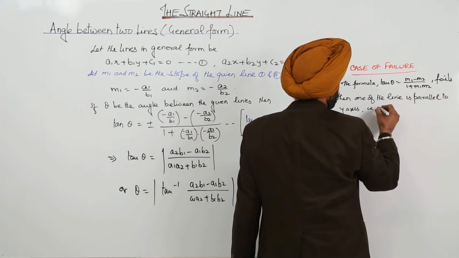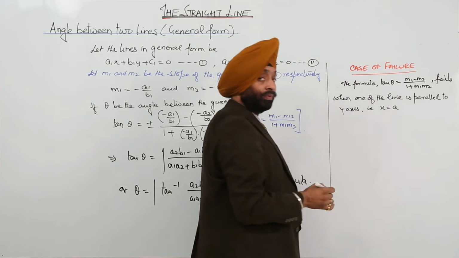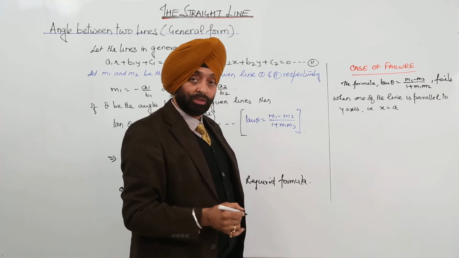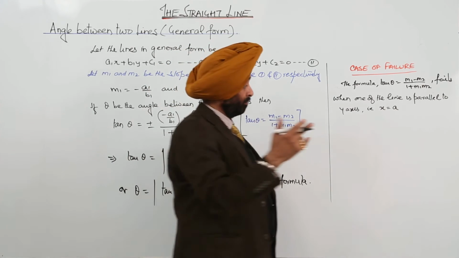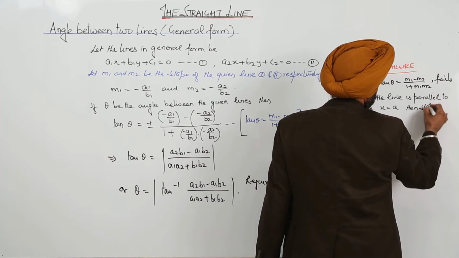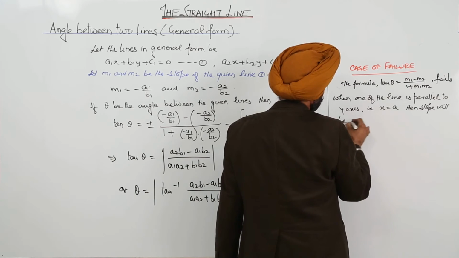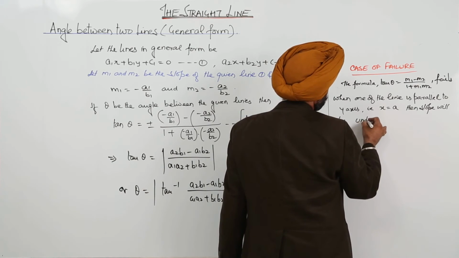That is, if any of the lines is x is equal to a, then what will the slope be? The slope will be undefined.